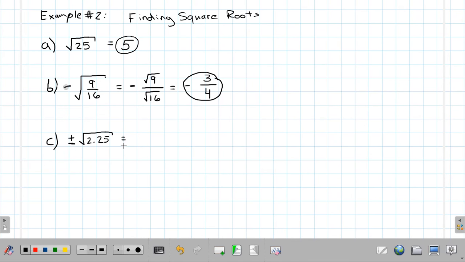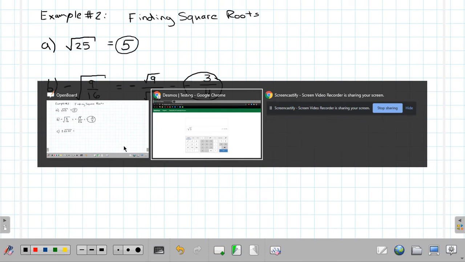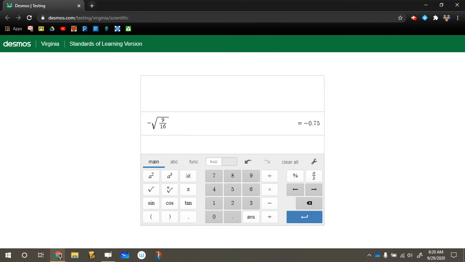And here, there are a couple tricks that you can do to understand how to do this in your head, okay? But if you've got a decimal, the best thing I can tell you to do is use your calculator, okay? So in this case, we want both the positive and negative square roots of 2.25.